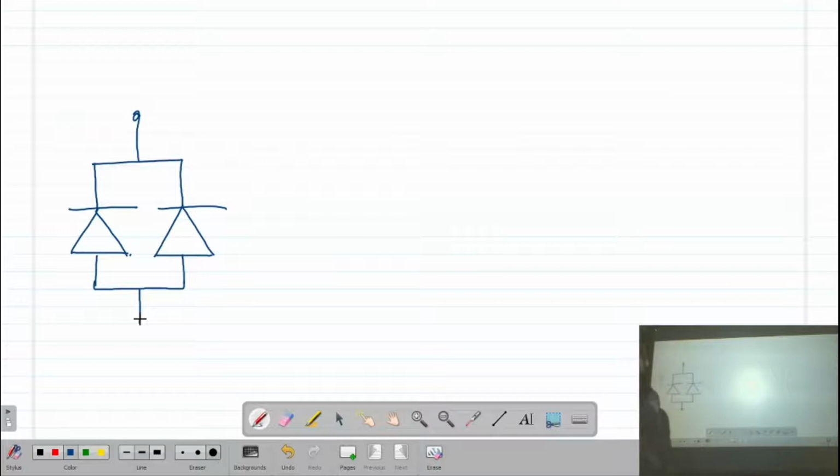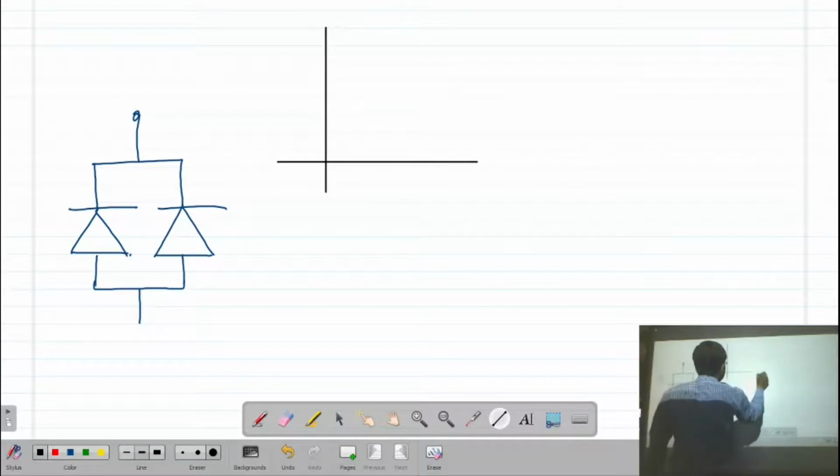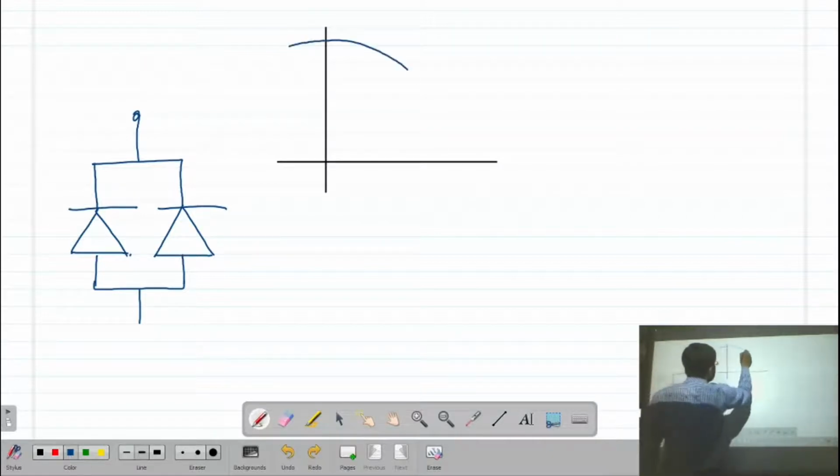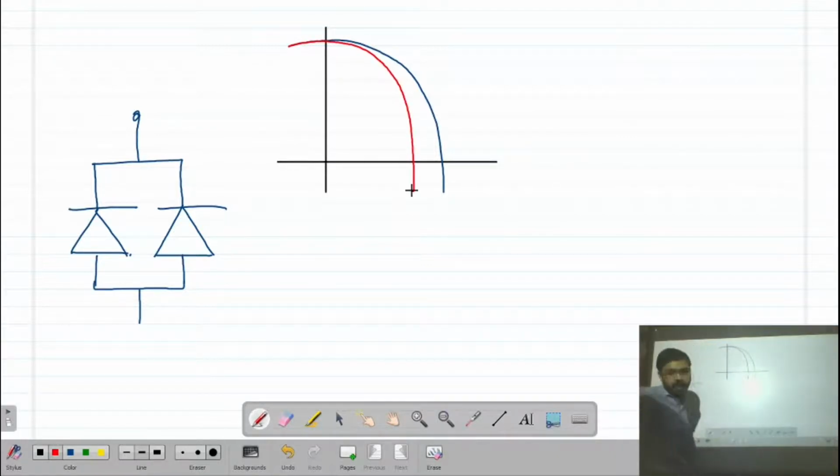Now, let us take the IV of both of them.